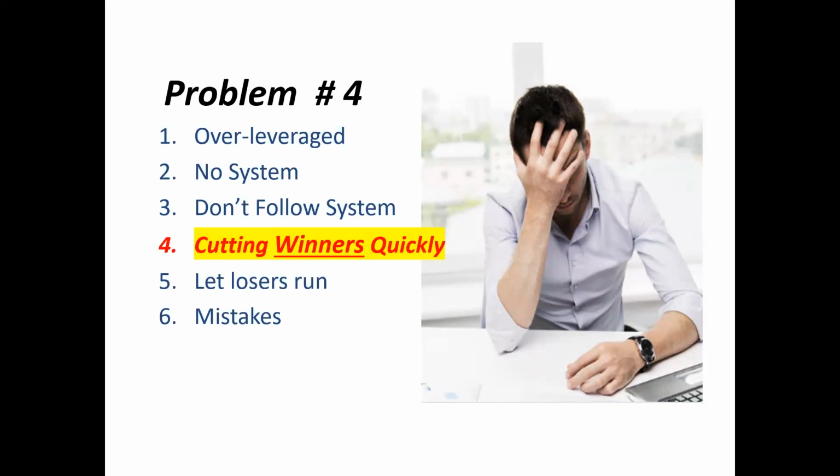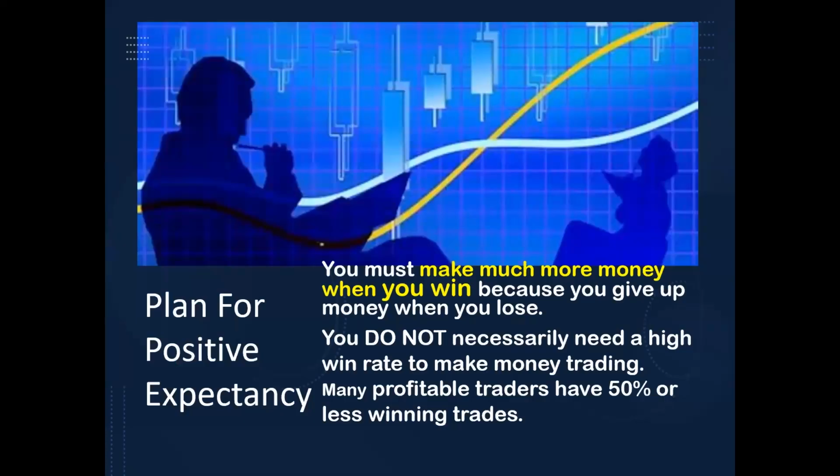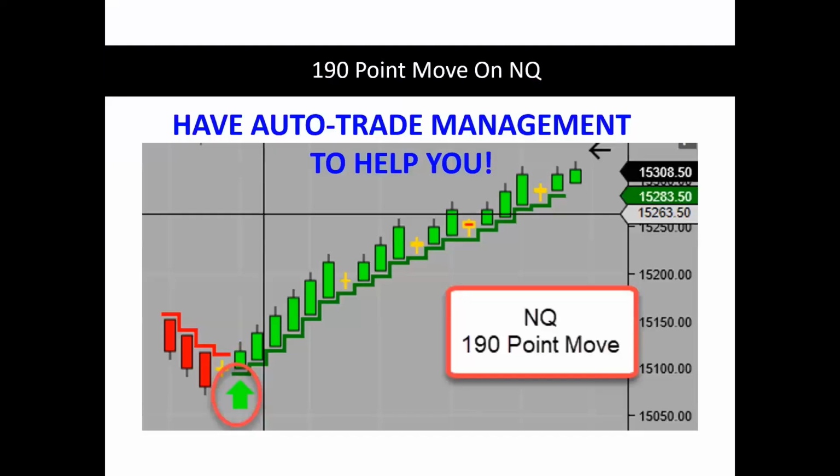Unfortunately, a lot of traders will grab their profits very quickly but let the losers run. That does not work, so that's something you need to avoid. One of the best ways to cut your losses quickly is to use stops. So use stops.